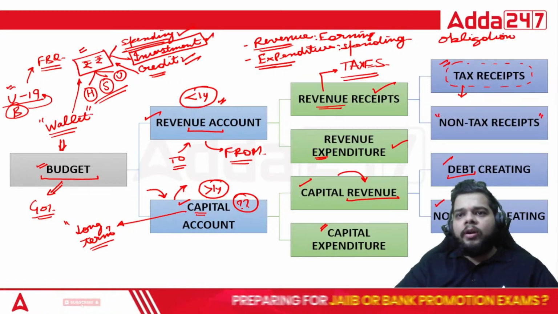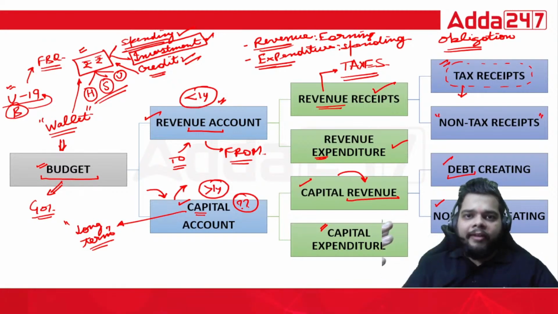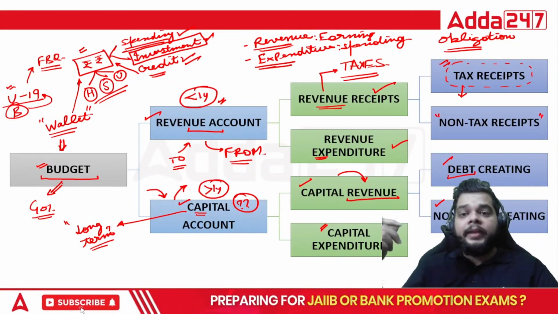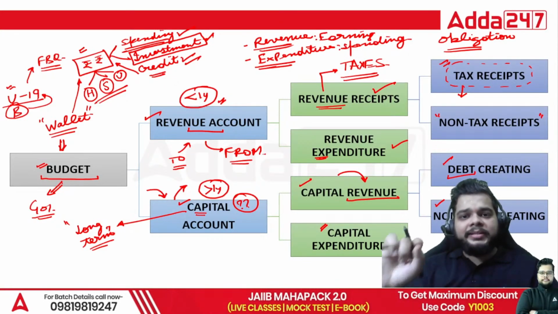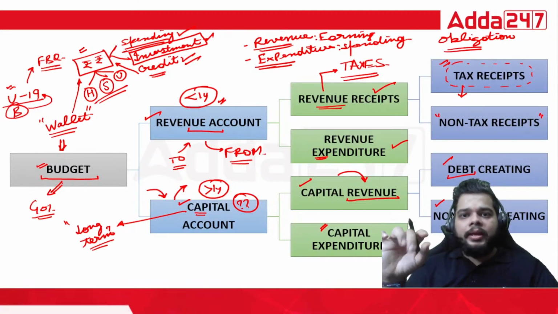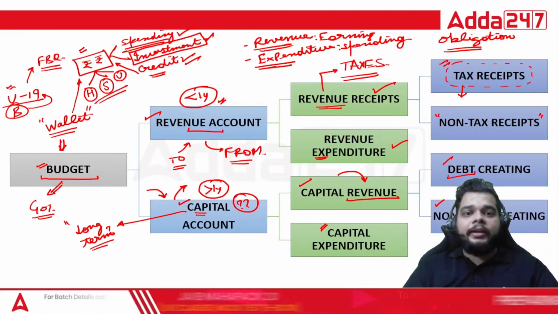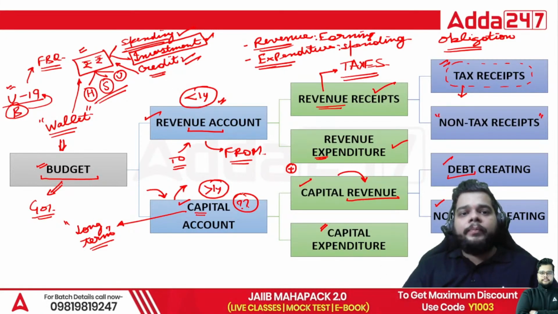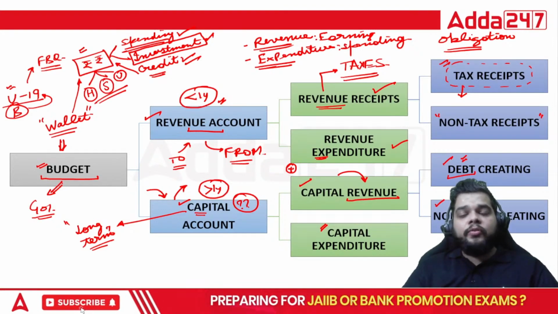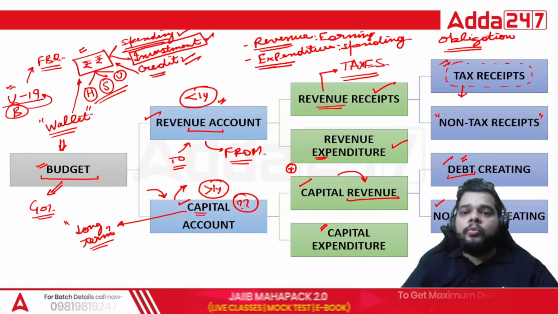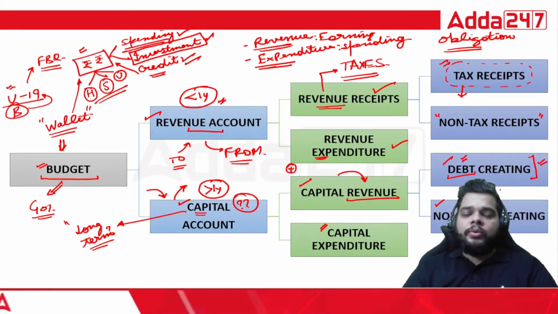So if a long term obligation is there which the government has to fulfill after, let's suppose, 3 or 5 years, then we will say that this type of funds which right now has been disbursed into the government's account, right now they are a part of what? Revenue, fine, because they have been credited to your account. But in the long term, in the capital account, what will happen? You will be serving this debt. You will have the obligation to repay this debt. So this type of transaction will be categorized into debt creating.